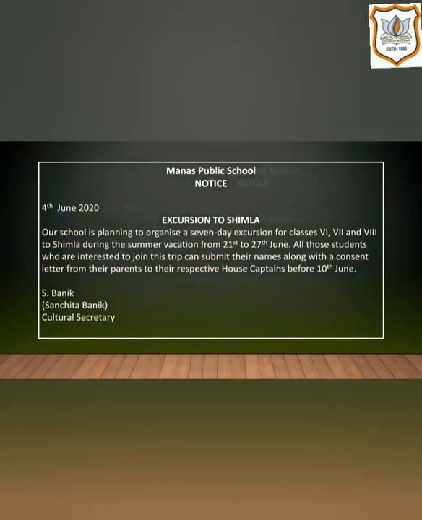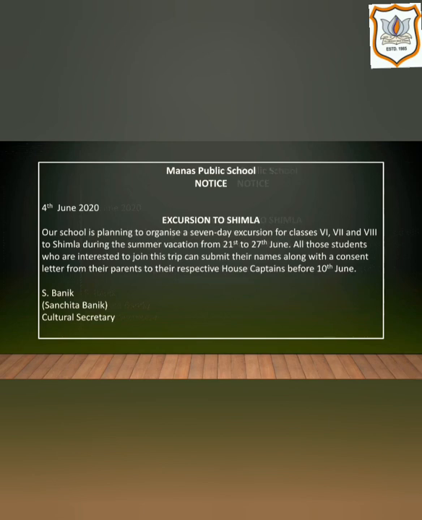At first, a box is made. Then, Manas Public School, Notice, 4th June 2020, Excursion to Shimla. Our school is planning to organize a 7-day excursion for classes 6, 7 and 8 to Shimla during the summer vacation from 21st to 27th June.